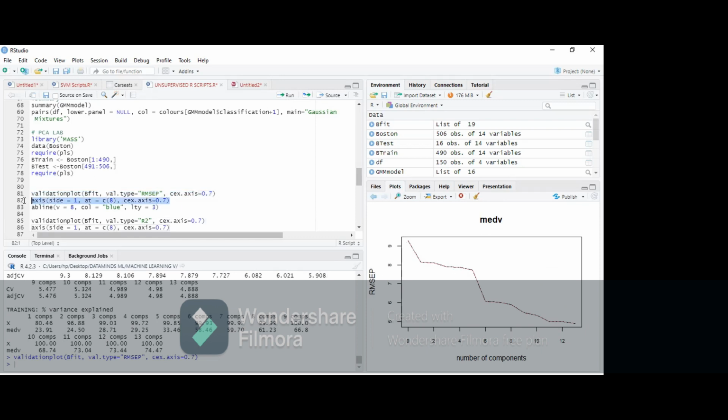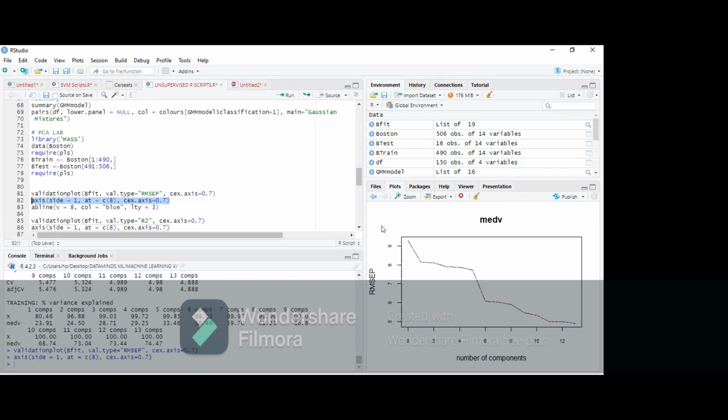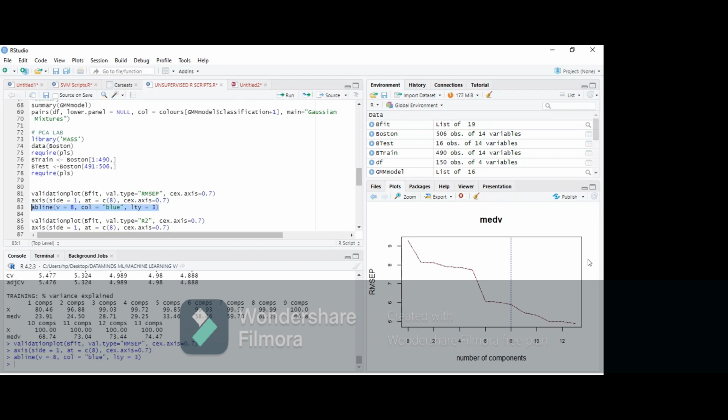Okay, let's do line 82. Run line 82. Then we have our AB line, to put a line there. Now, this one is telling us that at the 8th component, you can actually hold it there.